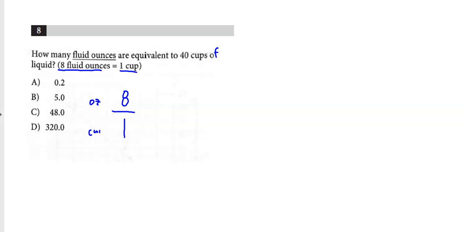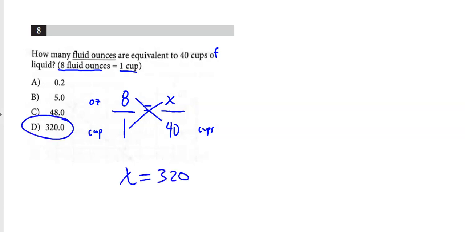So 8 ounces is 1 cup. So 40 cups would be how many ounces? So on this one, you can just cross multiply, and you get x equals 320. Correct answer, D.